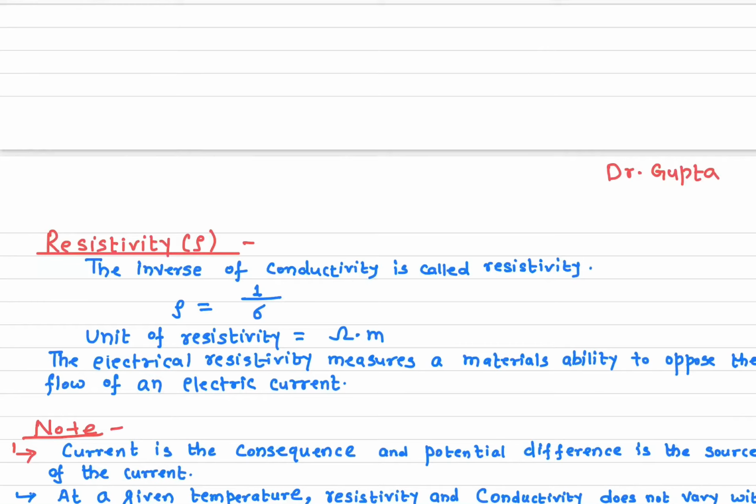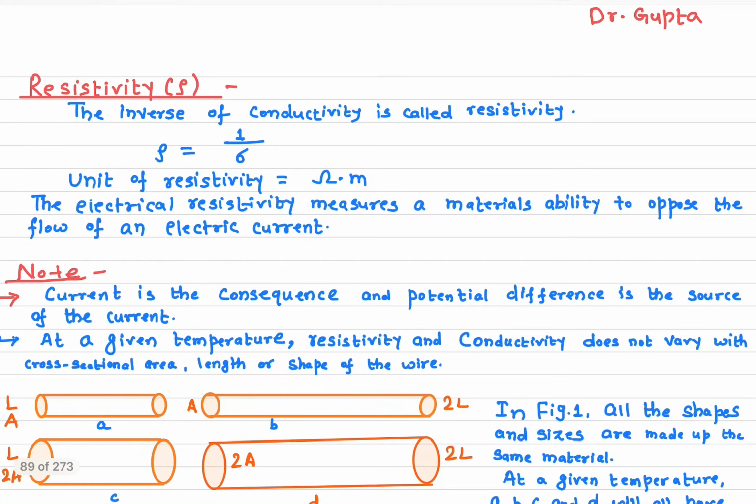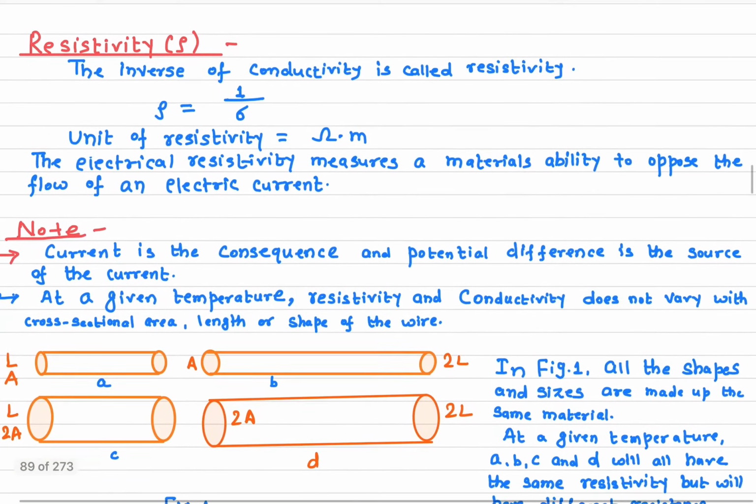So conductivity is just the reciprocal of resistivity, or resistivity is just the reciprocal of conductivity. Electrical resistivity measures a material's ability to oppose the flow of electric current, or the flow of charge carriers. And the unit is ohm times meter. That's the unit of the resistivity.